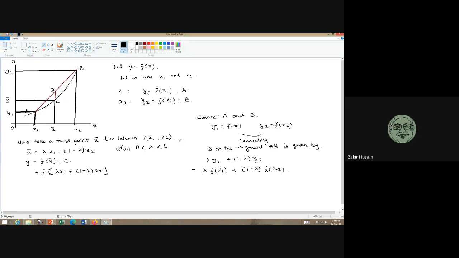So D is given by, see, D is the length of this. How do we get the length of this?